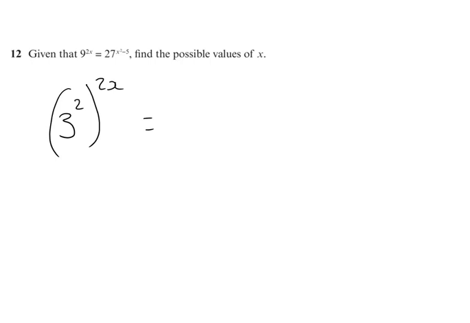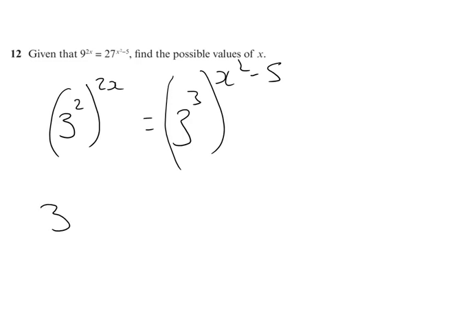And this equals, now 27 is 3 cubed to the power of x squared minus 5. Now, when you raise something to a power and then raise it to another power, you multiply the powers together. So this is 3 to the power of 4x equals 3 to the power of 3x squared minus 15.